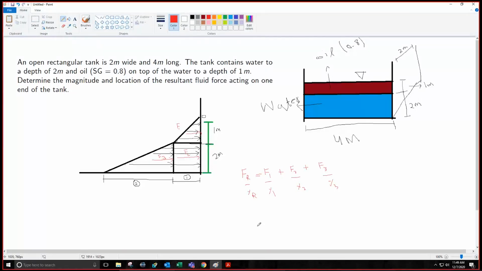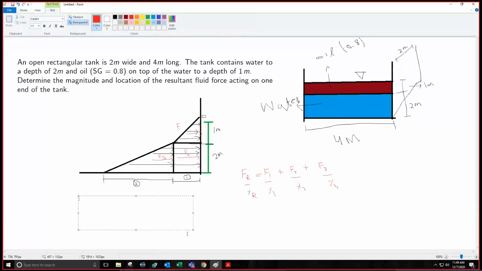So F1 would be equal to the mu of oil H1 और A1 जैसा पहला एरिया बनेगा. So F1 equals to the volume of the first prism. ऐसा ही है? Yes, sir. क्या है वॉल्यूम फर्स्ट प्रिज्म की जी, बता सकते हैं?